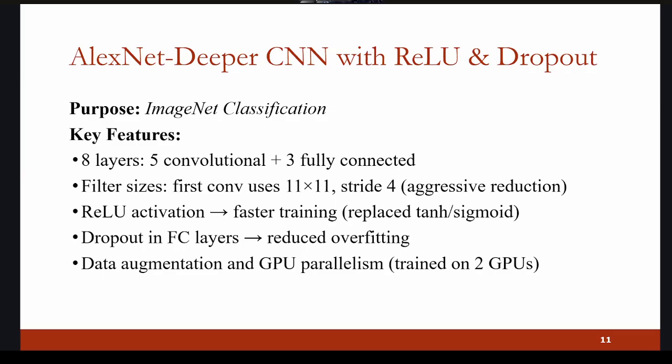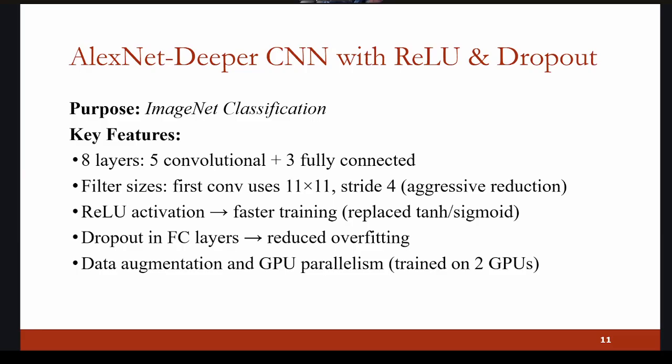They have replaced the TANH activation function by the ReLU activation function, and they have dropped out certain neurons in the fully connected layers. They had 3 fully connected layers. They have used the dropout concept in the final layer, which is meant for reducing the overfitting on the data set.